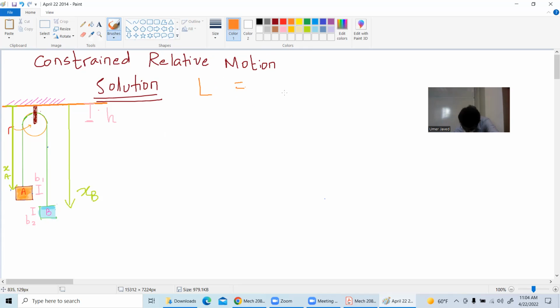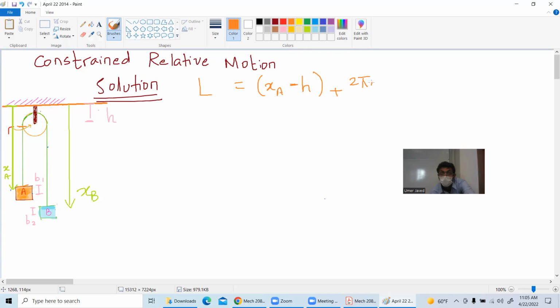So the length of the rope is equal to, count with me, XA minus H. You arrive here. Plus you will go here. Plus, we have a student who said pi r. I will say 2 pi r over 2. Then you will arrive here.